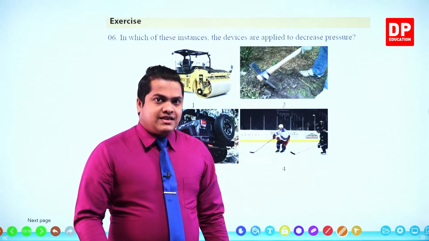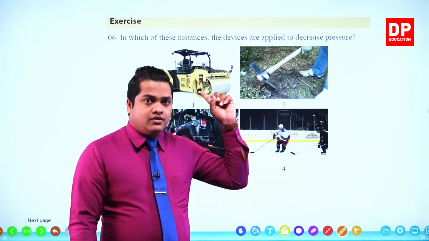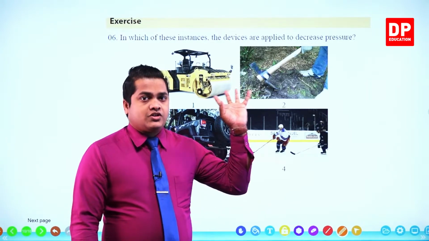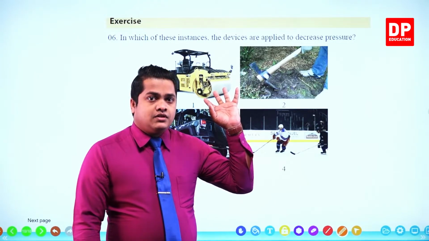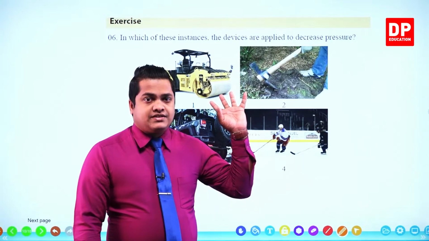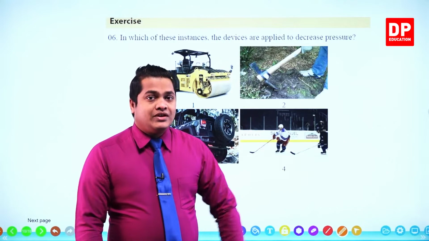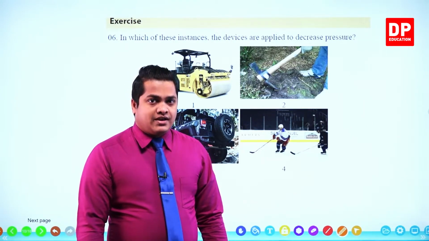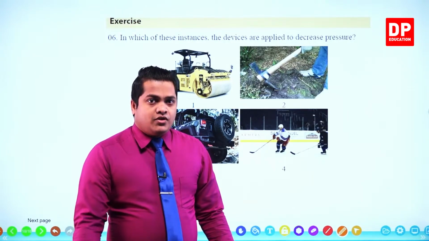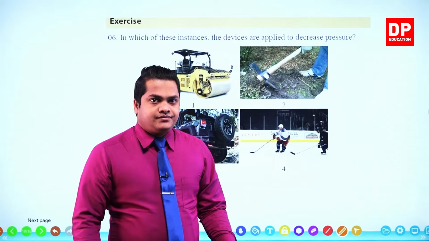So in the first case, my dear children, in the first construction instrument over here, you can observe the mechanism or a trick used to decrease the pressure so that the machine is never going to sink, right?